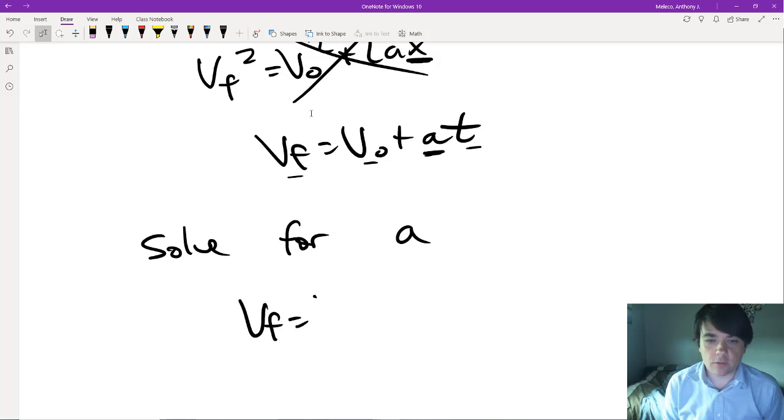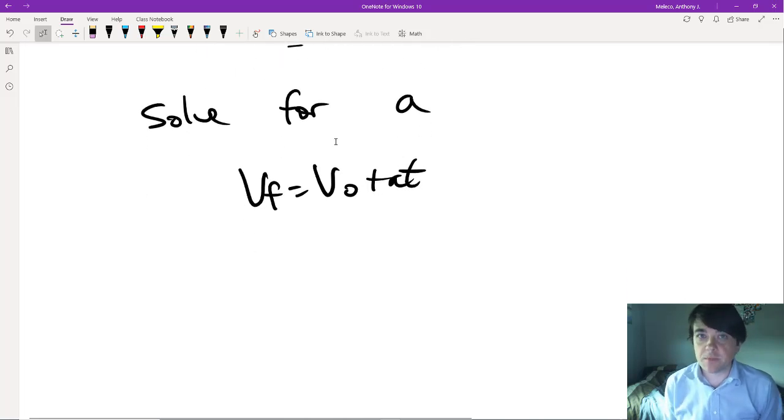So V final equals V initial plus AT. I should mention at this stage, most students go ahead and probably plug in numbers. I usually don't. I did on the first one, but I'll solve for the variable first, and then I plug in numbers. The reason for that is it's easier to do. There's less calculations you end up doing over time for longer problems.